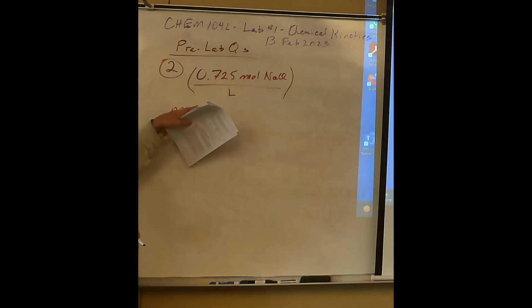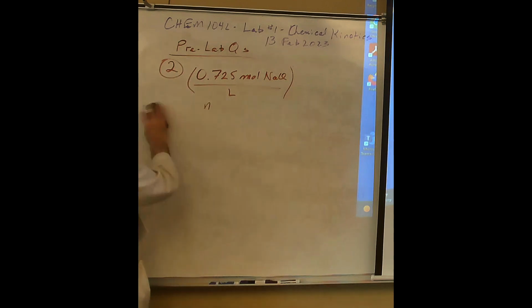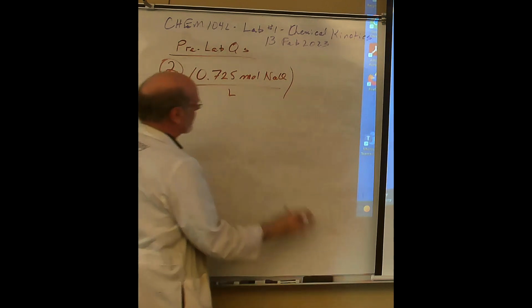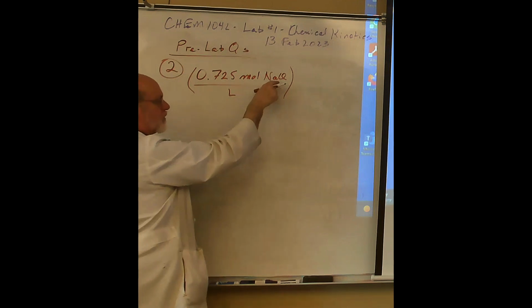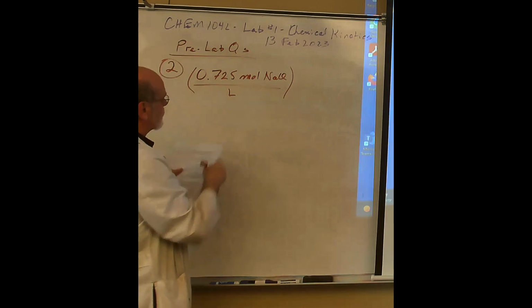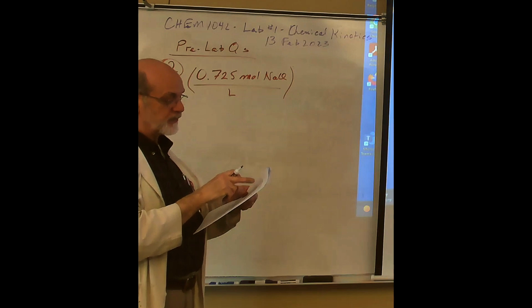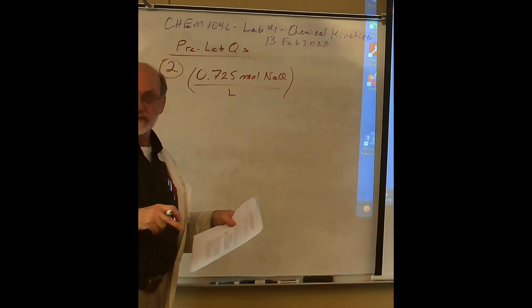Molarity equals moles per volume. If we're going to have the same molar concentration of sodium chloride as we do hypochlorite, then we just substitute sodium chloride in there. But now we have to convert that to grams per liter. The question is, how many grams per liter of sodium chloride?